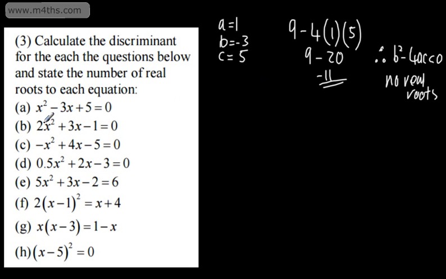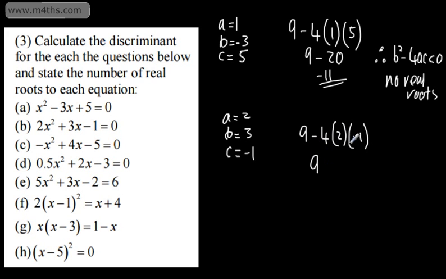If we look at the next one, the value of a is 2, the value of b is 3, the value of c is going to be negative 1. So b squared gives me 9, minus 4 multiplied by 2 multiplied by negative 1.